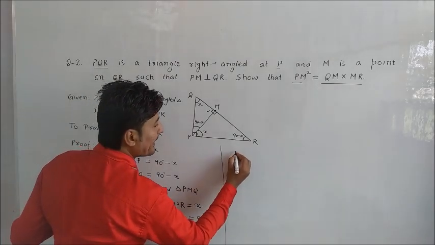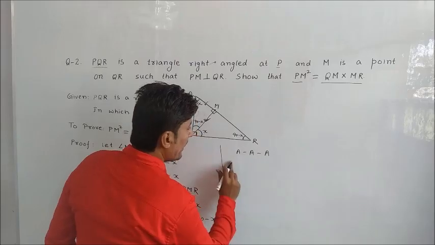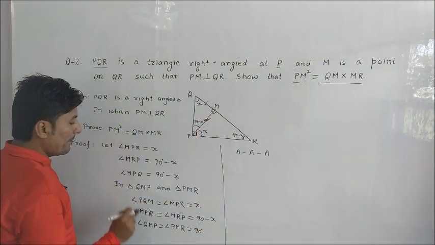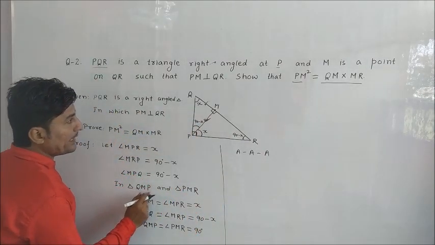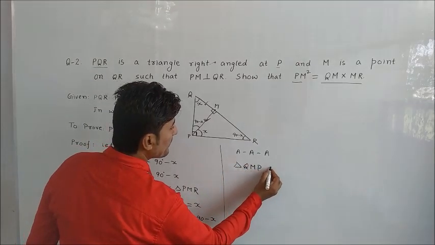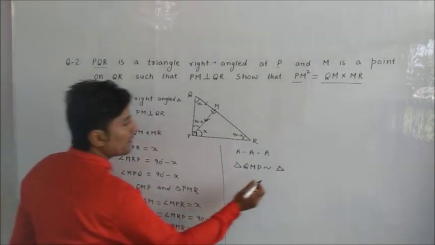Hence by AAA, both the triangles will be similar. Means triangle QMP is similar to triangle PMR.